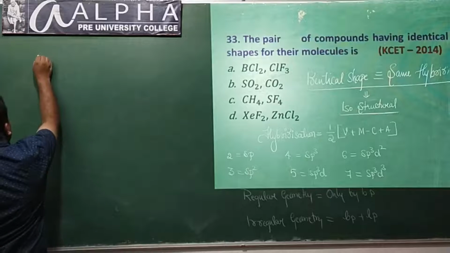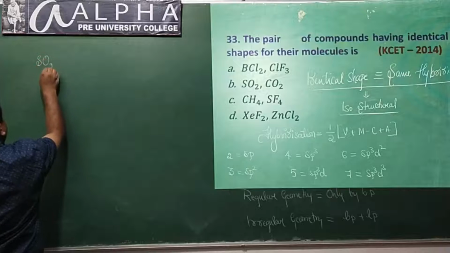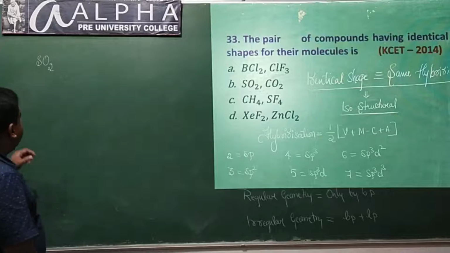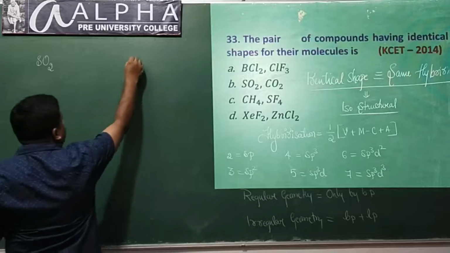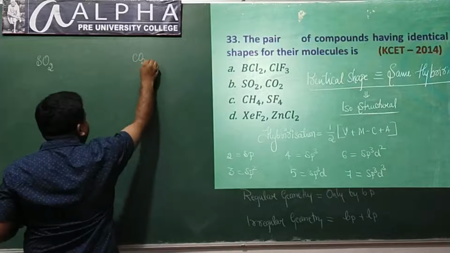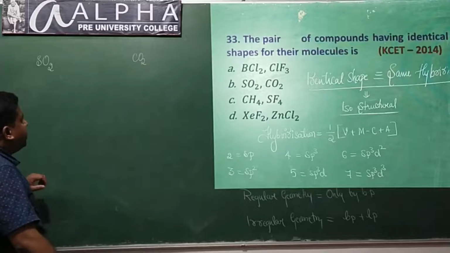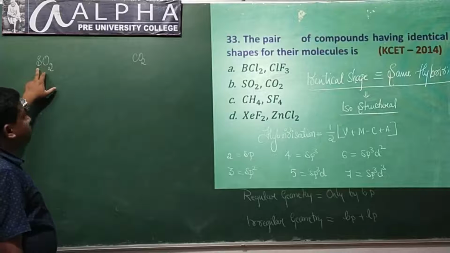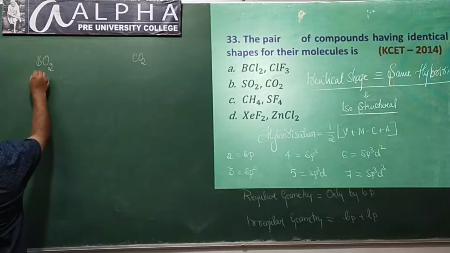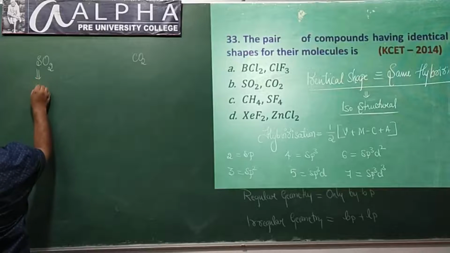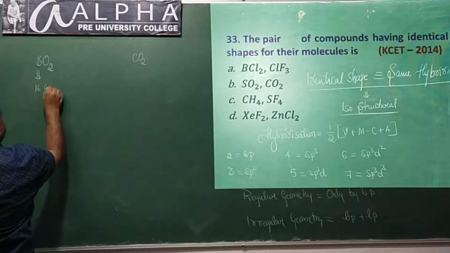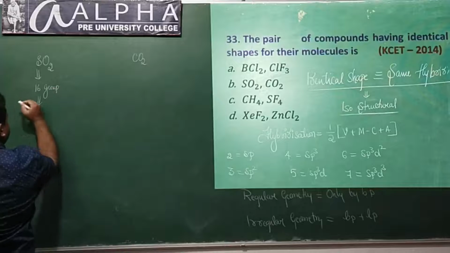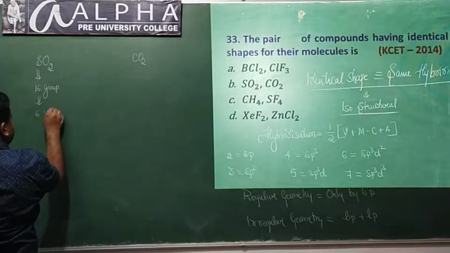SO2 and CO2. Students, look here. In SO2, sulfur belongs to the 16th group, which means 6 valence electrons.